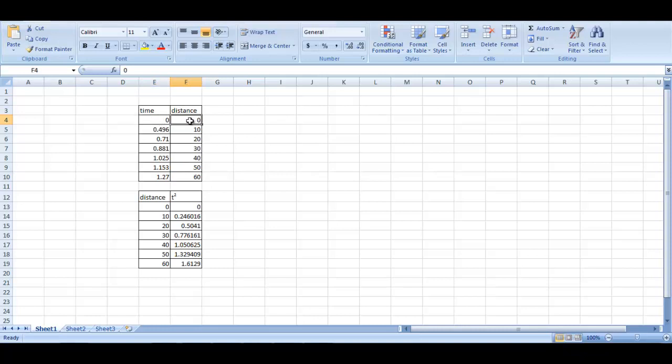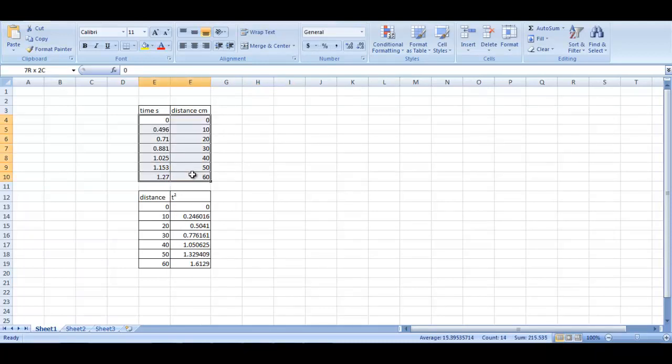So when the distance is 0, we can actually say that the time is 0. So no doubt about that. And this is in centimeters. This is in seconds. Alright.